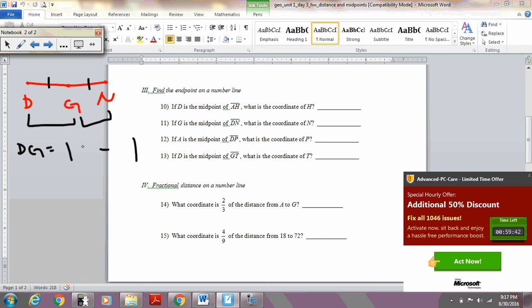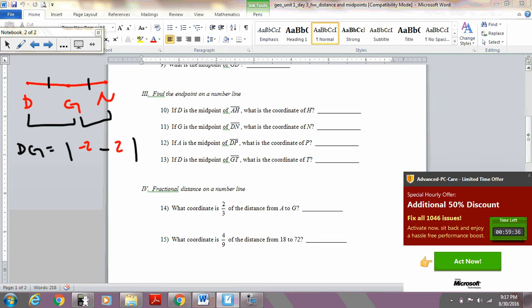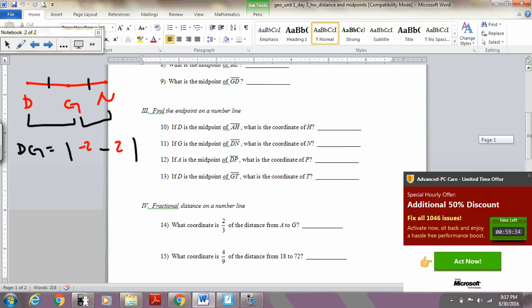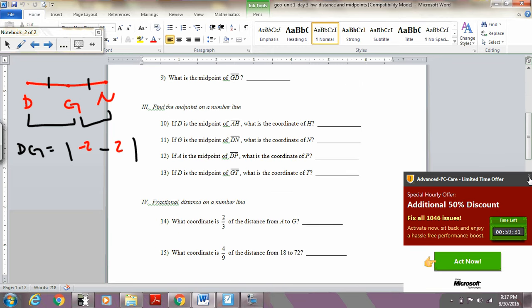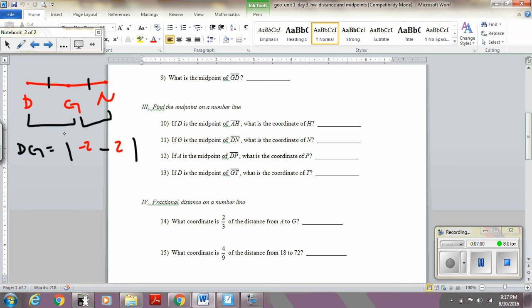And then insert negative 2 and positive 2. Let me double check. That's what I saw, right? Yes. And then you could grab your calculator or do it in your head. But at the end of the day, the distance is 4.